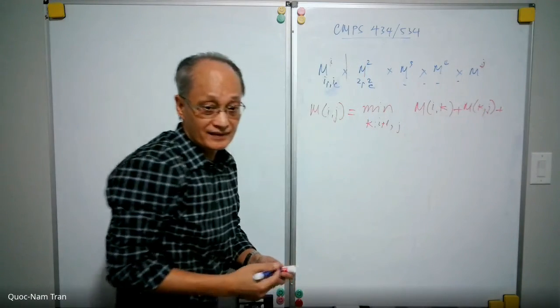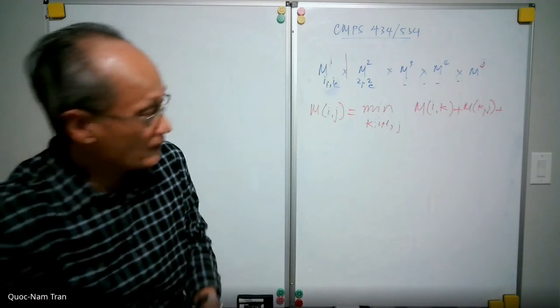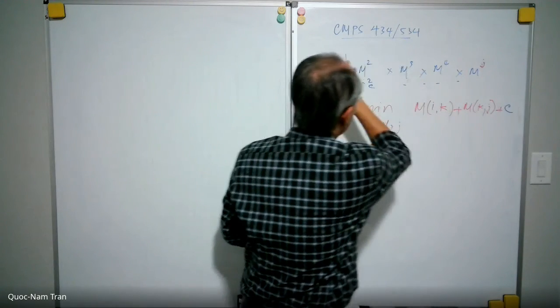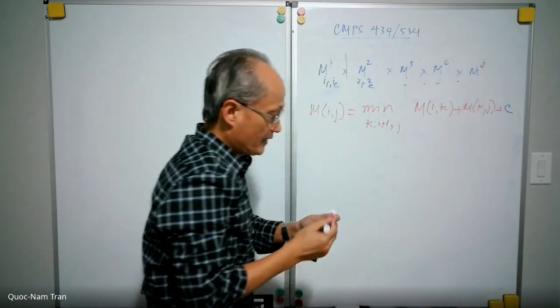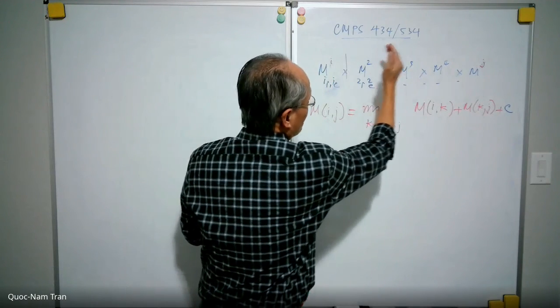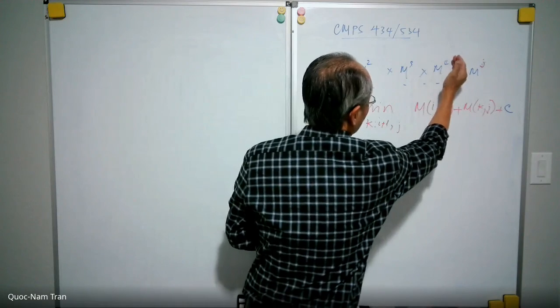So it will be the cost for multiplying the two parts together. And we will try to see if we break it here, here, here, here.